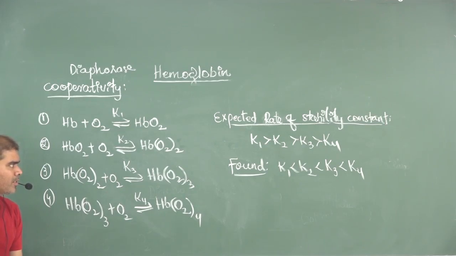The stability constants increase. K refers to stepwise stability constant. In the last unit I told you about stability constant. The stability constants increase due to a process called cooperativity.